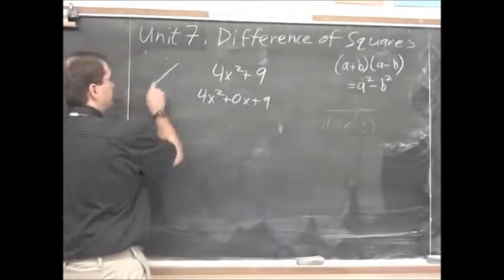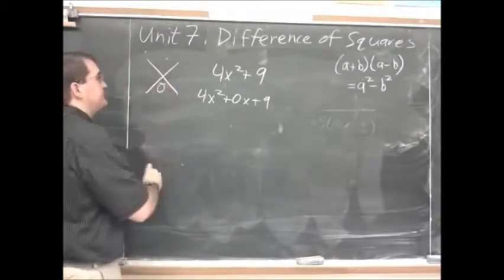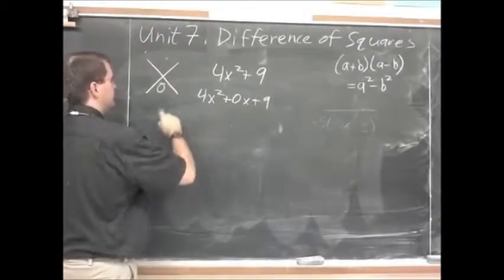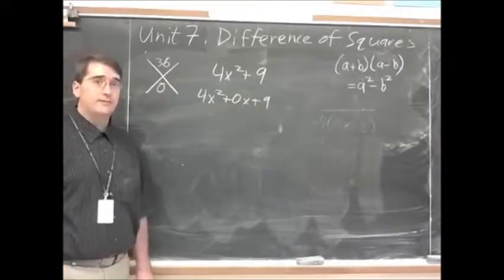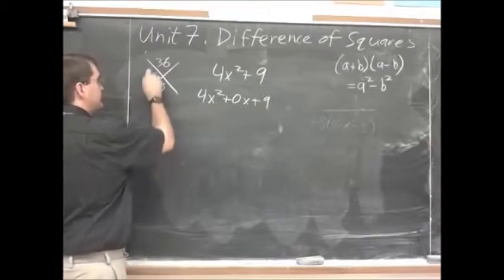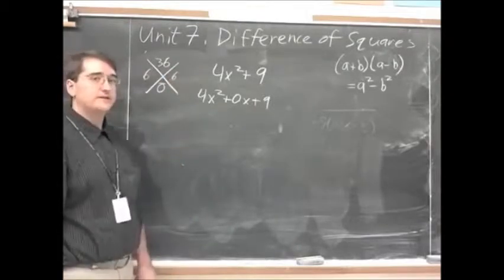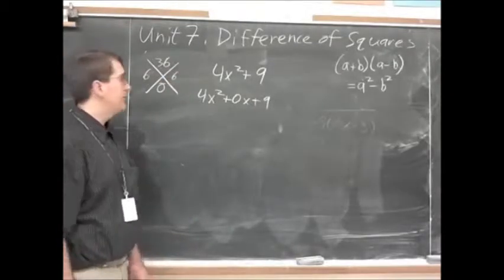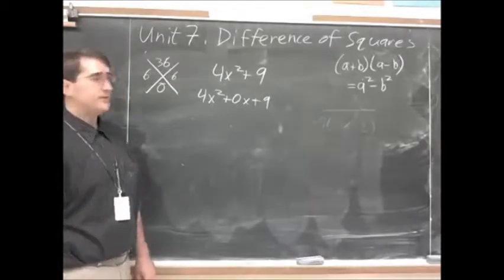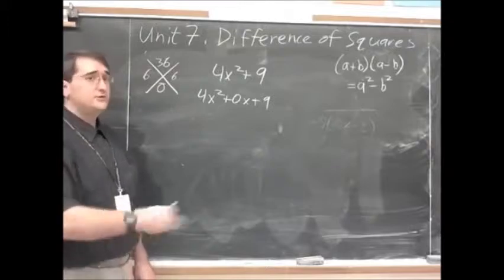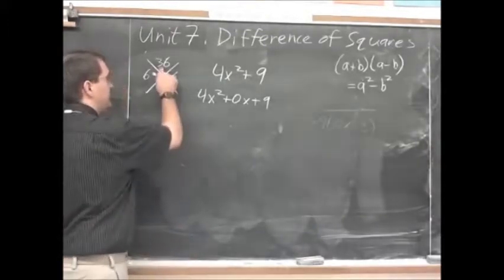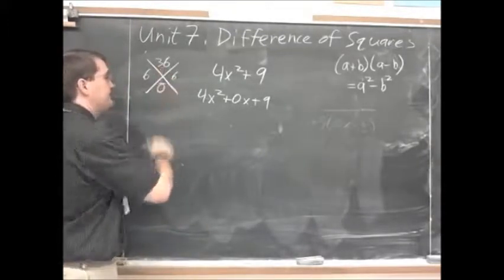This means that now I'm looking for 2 numbers that add to 0 and multiply to 4 times 9, which is 36. But here's the problem. 6 and 6 multiply to 36, but they add to 12. 9 and 4 multiply to 36, but they add to 13. In fact, there's no pair of numbers that multiply to 36 and add to 0.